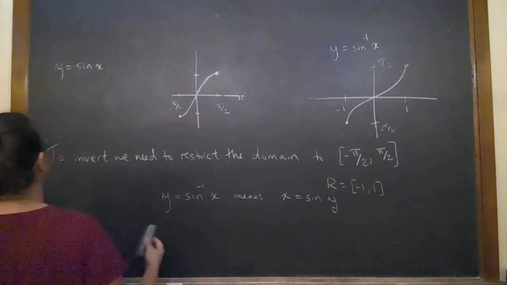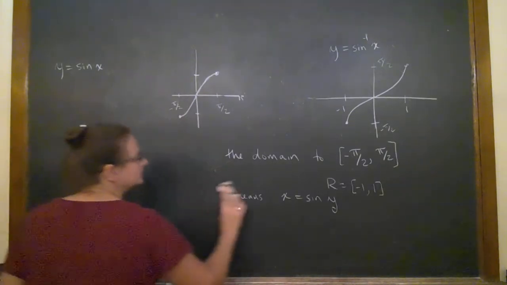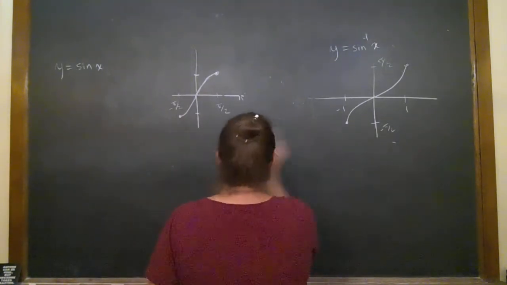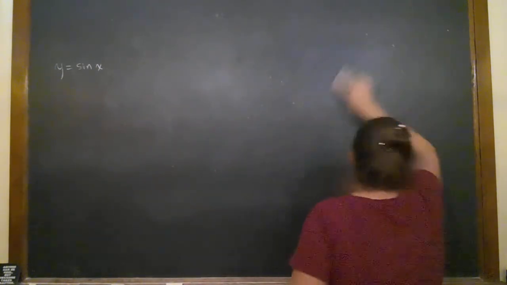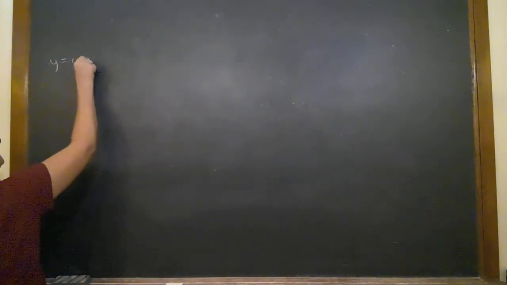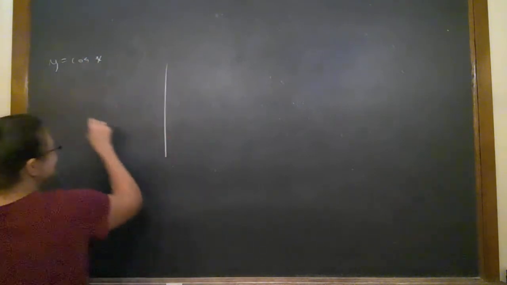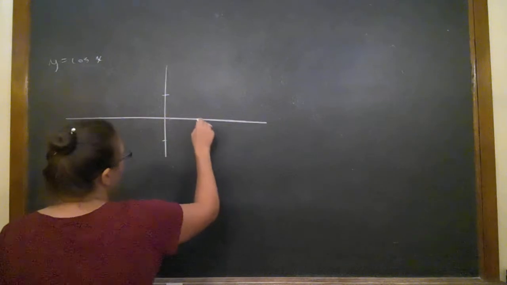So I'm not going to go over all that stuff, which I'm sure you all remember from trig. So that is sine. Cosine is sort of the same idea, right? It is the same idea.